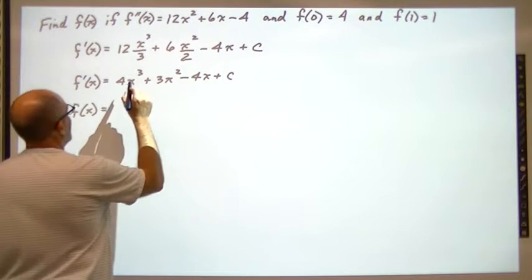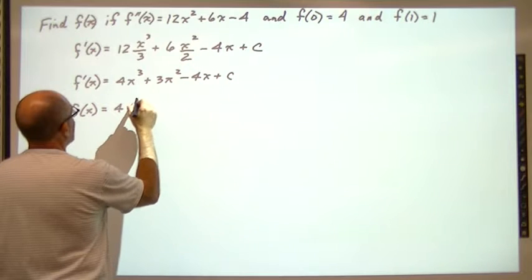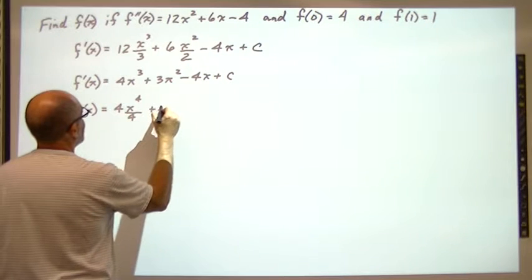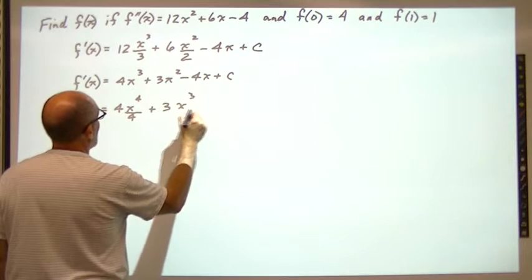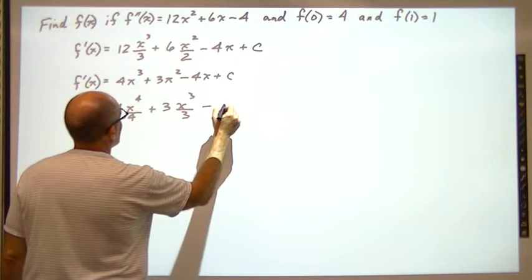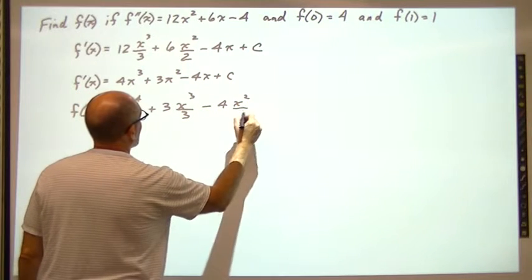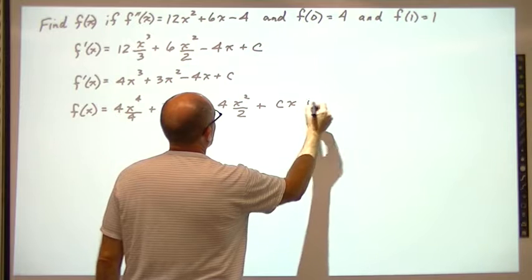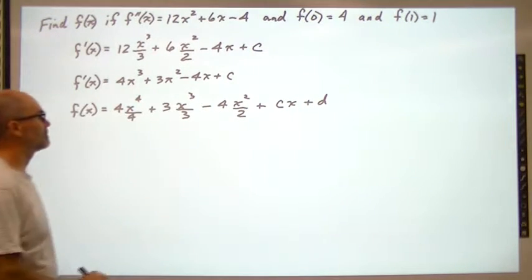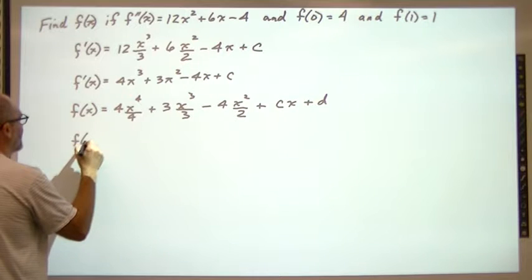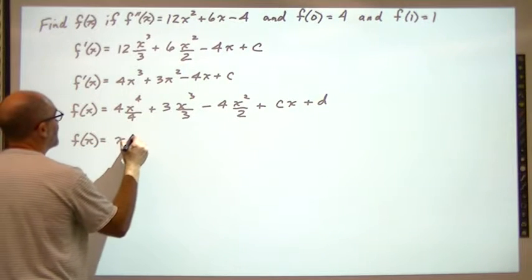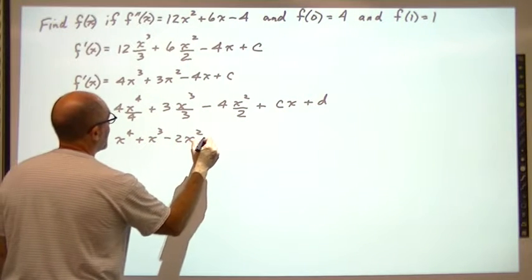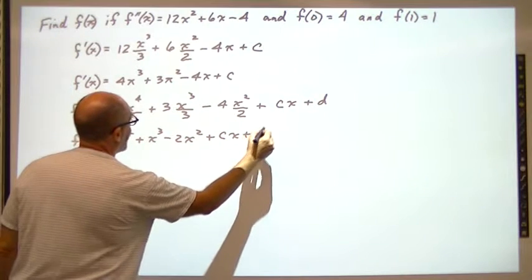So f of x is going to be 4x to the fourth over 4 plus 3x cubed over 3 minus 4x squared over 2 plus cx plus d. Okay, so f of x equals x to the fourth plus x cubed minus 2x squared plus cx plus d.